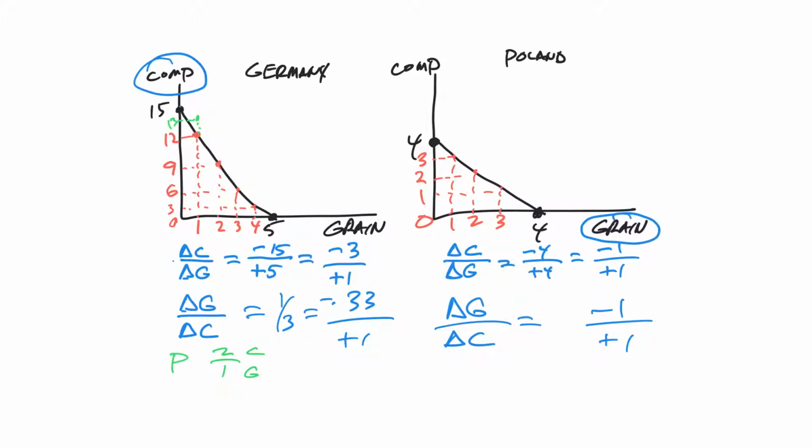If they want another unit of grain, that brings them up to 2 units. They have to trade away 2 more computers, and 13 minus 2 is 11. That puts them right there. If they want a third unit of grain, they'll trade away 2 more computers.